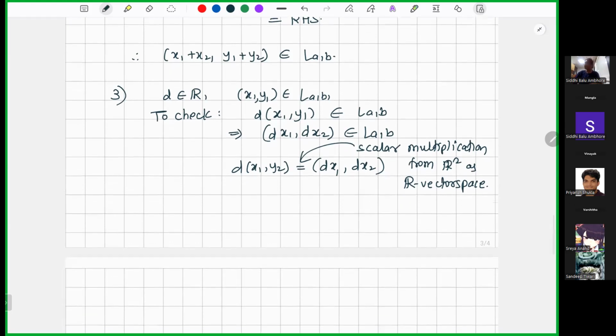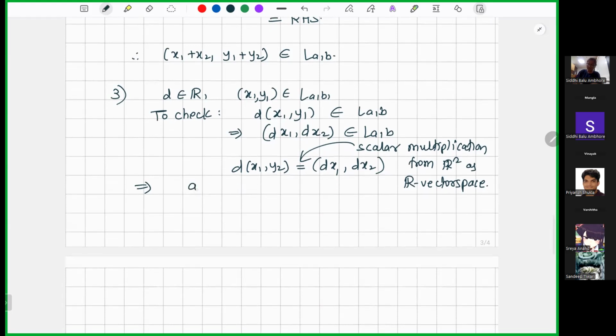So what I need to check is whether A d x1 plus B d y1 is 0 or not. I am using x1, y1, so let me stick to that.